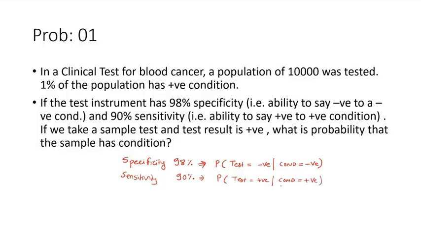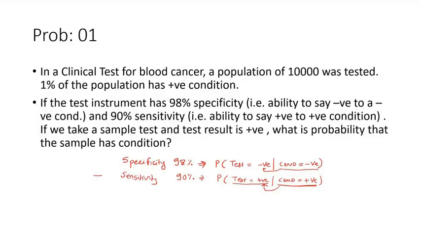Okay, so this is known to us, that this person has cancer or this person has corona, and the probability that the instrument will also say the same thing is given here. For the positive case, given the condition is positive, the instrument detecting it as positive is 90%.